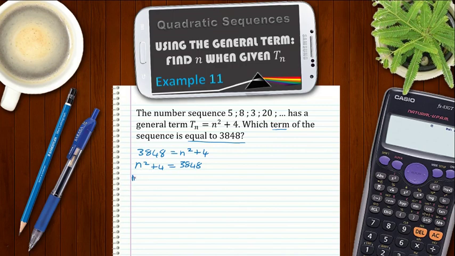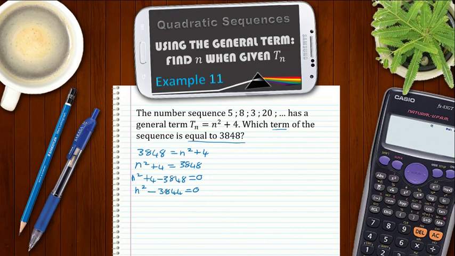So we'll have n squared plus 4 minus 3848 equals 0. That's n squared minus 3844 equal to 0. Okay, so in this case, if this is a perfect square, this could be a difference of squares.